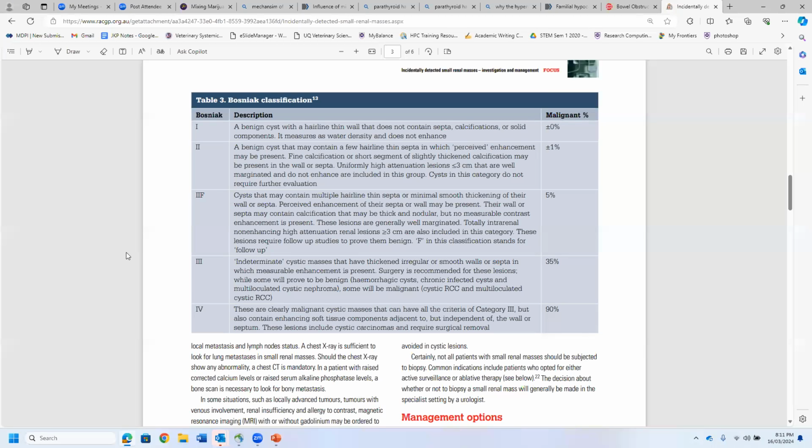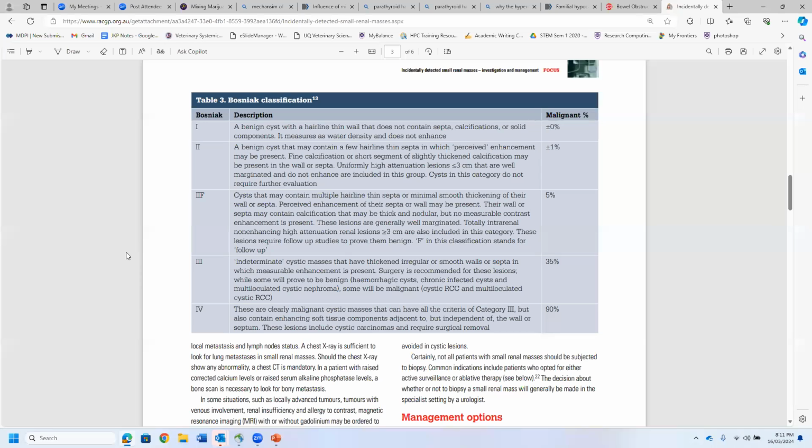What the Bosniak classification 2 says is that if it's a growth that contains a few hairline thin septa in which perceived enhancement may be present, there might be slightly thickened calcification in the wall or septa, or the lesion is less than 3 centimeter, but well marginated, then this does not require any further imaging or evaluation by fine needle aspiration and cytology or biopsy, because the malignancy rate is plus minus 1%, which is very, very low.